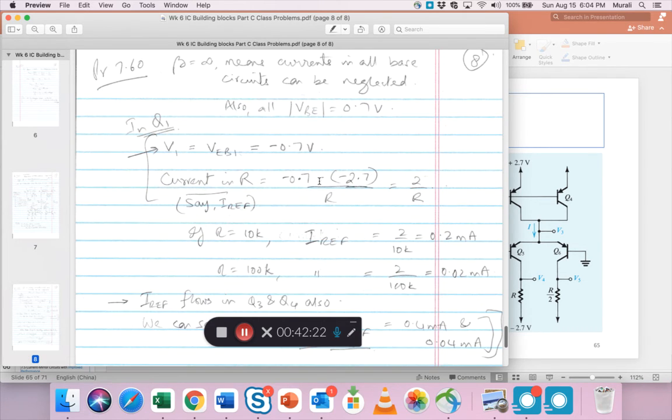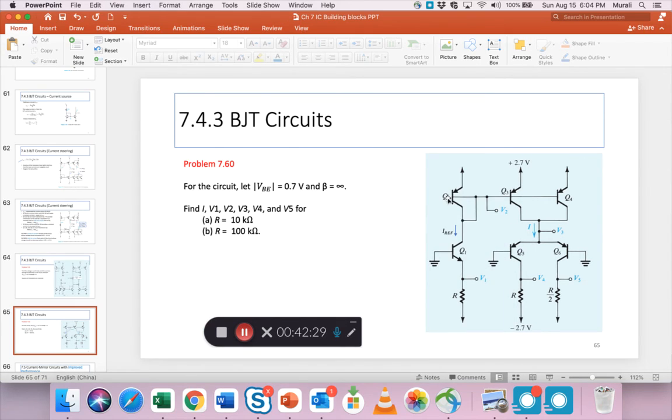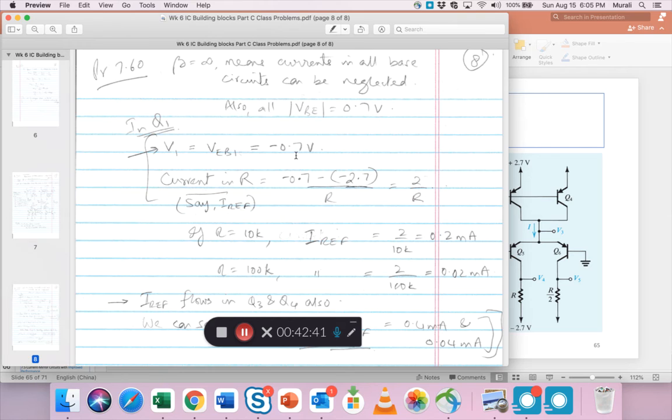In Q1, right, V1 equals EB1, right? So this is Q1, and because the base is grounded and we know EB1 is minus 0.7, this V1 is automatically minus 0.7, right? Because EB1 is given. So current in R, say the I reference, is this voltage.